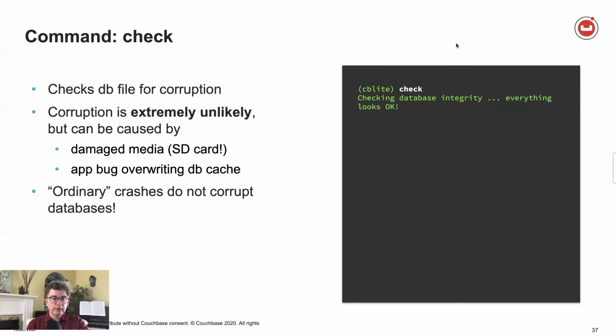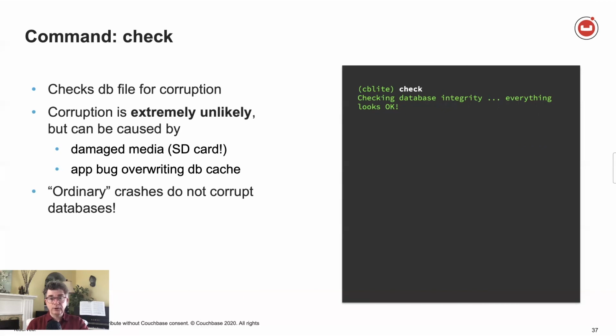The check command runs an integrity check. It literally calls SQLite's PRAGMA integrity_check. Database corruption is really, really unlikely. The only thing that will really make it happen is if your media gets damaged.